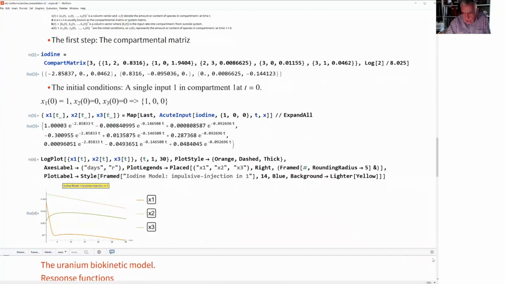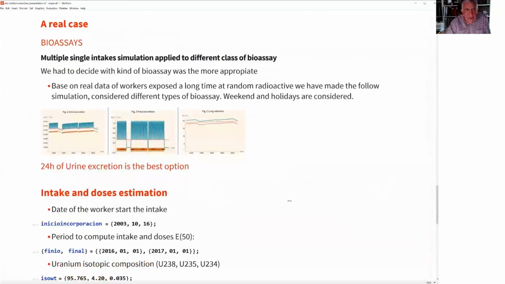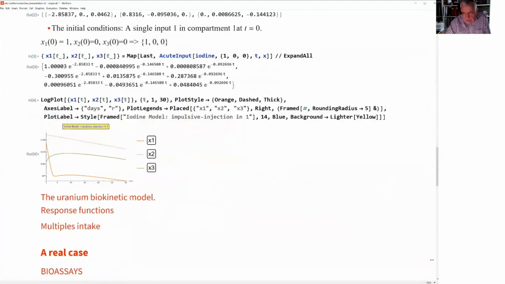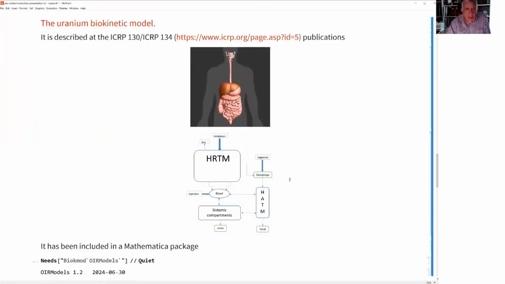Now we are going to use it in a bigger problem. In this case, the behavior of uranium in the human body. We will need a very big system. This model is described in the ICRP, International Commission on Radiological Protection, publication.